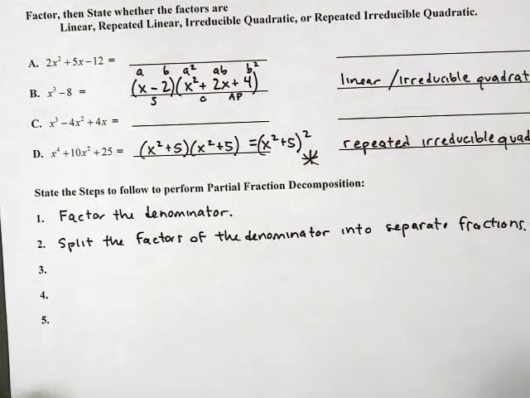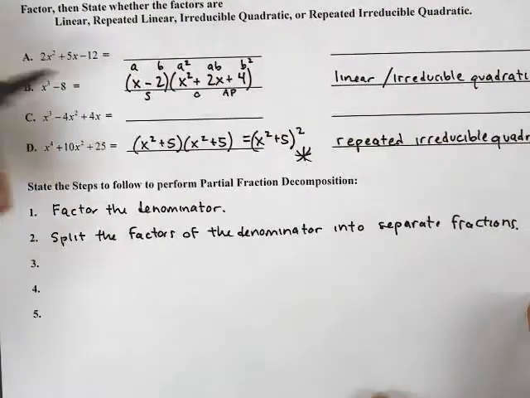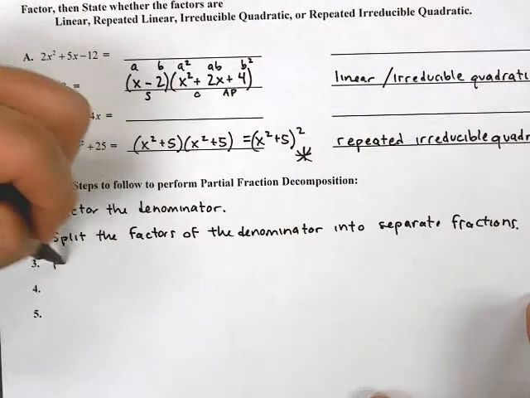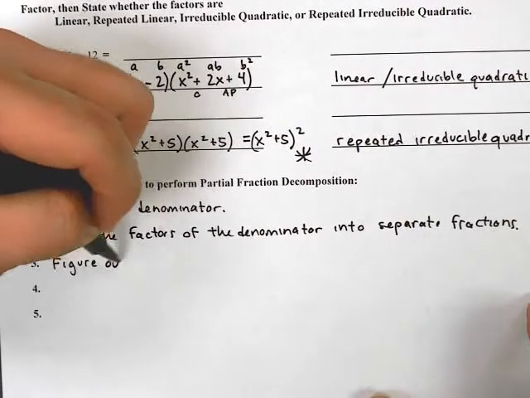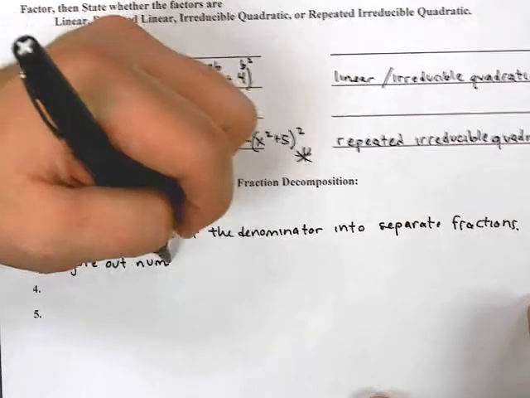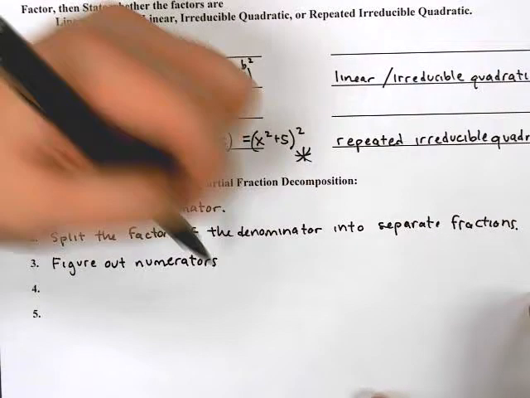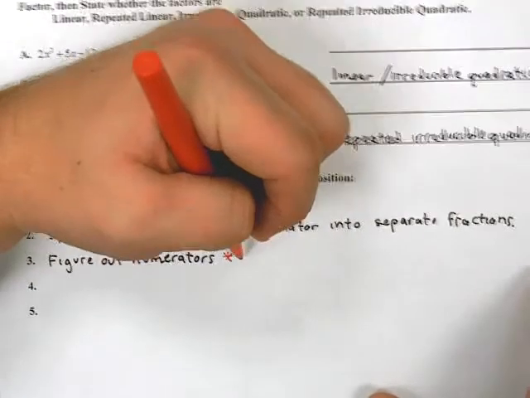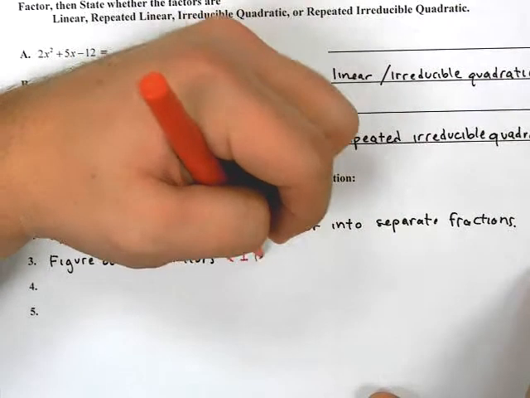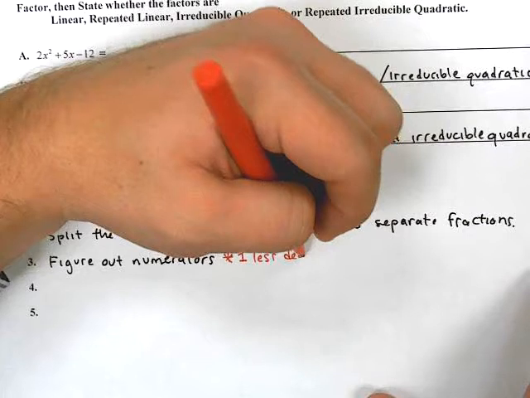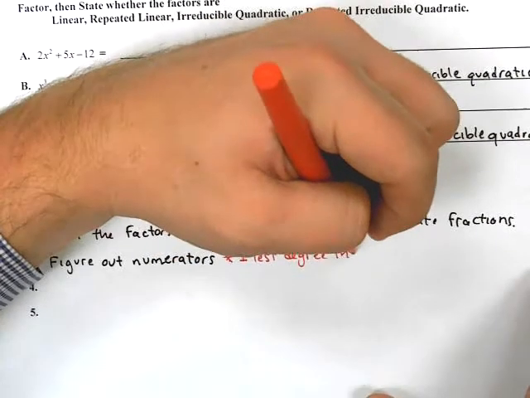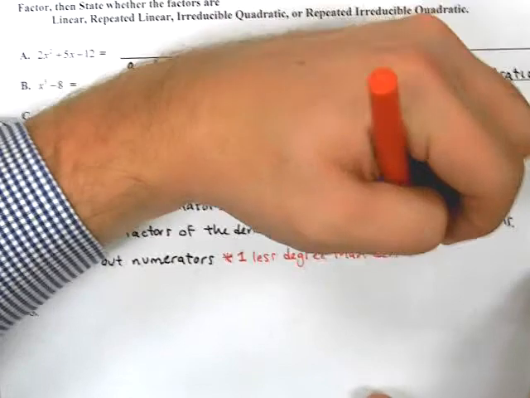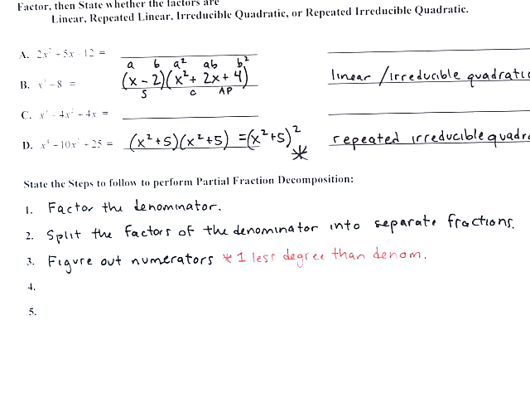Number 3, we have to place the expressions in the numerator. I'm going to just say figure out numerators. What do I mean by that? Figure out numerators means you need to go one less degree than the denominator.